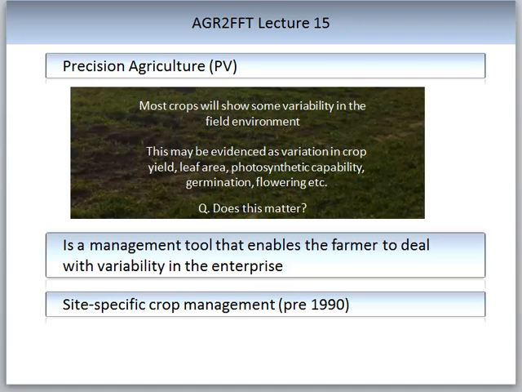The purpose of precision agriculture, put simply, is a management tool that enables the farmer to deal with the variability in their enterprise. The term precision agriculture, or PA, originates from a workshop held in Montana State University in 1990. Before this date, it was referred to as site-specific crop management.